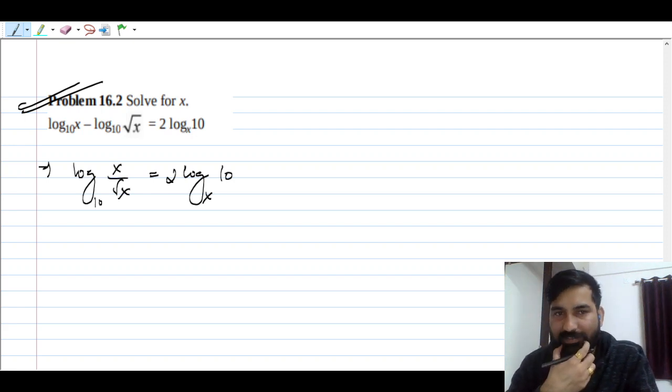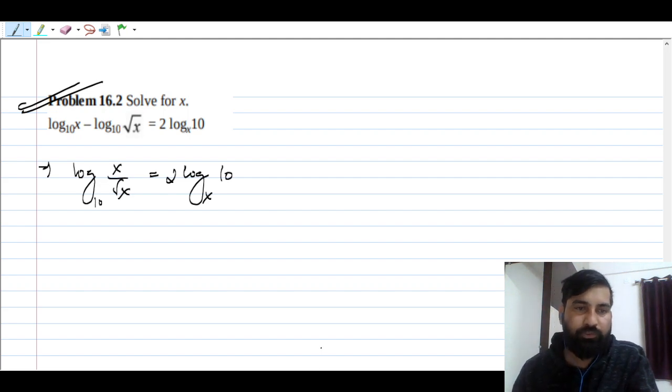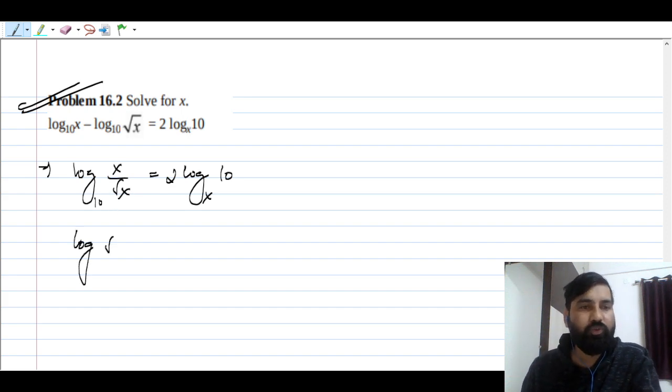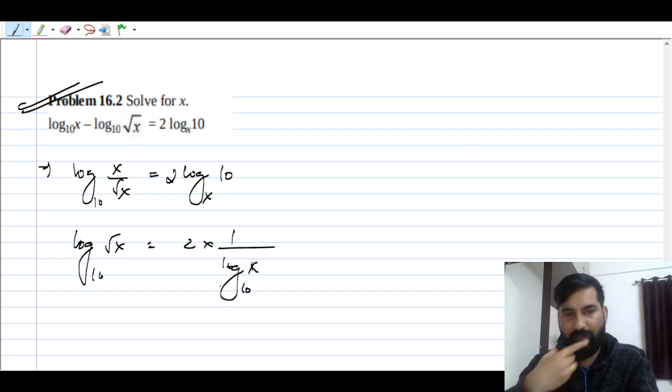okay. So I believe this is fine for all. So you can just write this as log, and you can also cancel this, so it becomes log root x base 10. It is nothing but 2 into 1 by log x base 10.